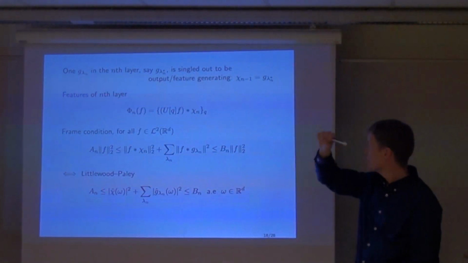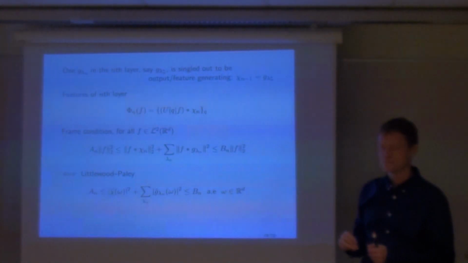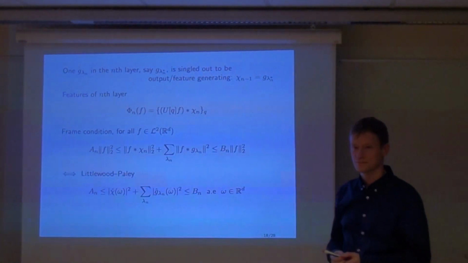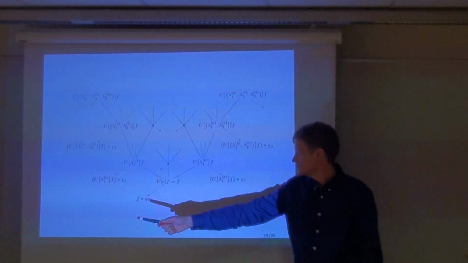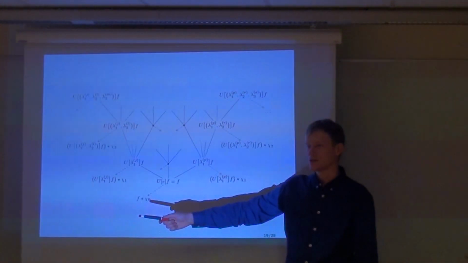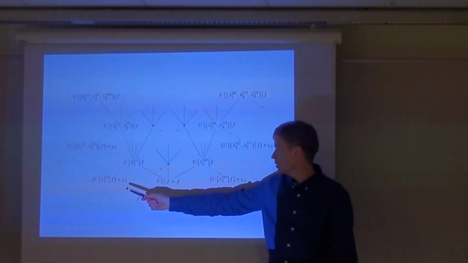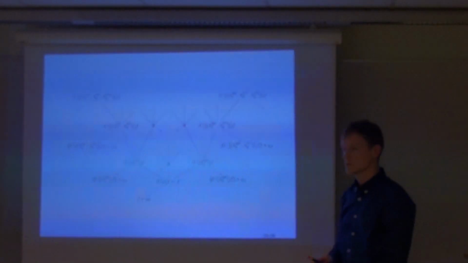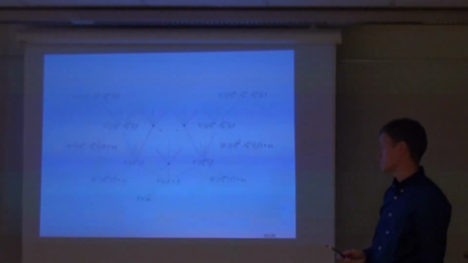Where was I? You single out one of these, call it she, and that is now the output generating filter, feature generating filter. So that is one path. In each path you single out one.